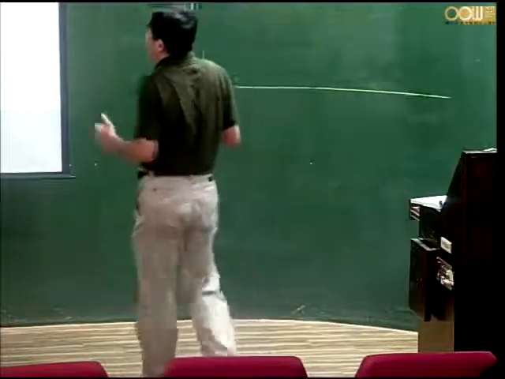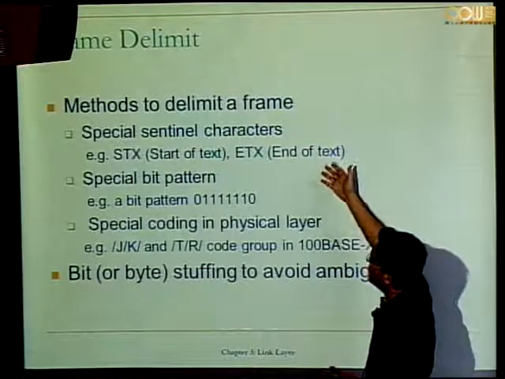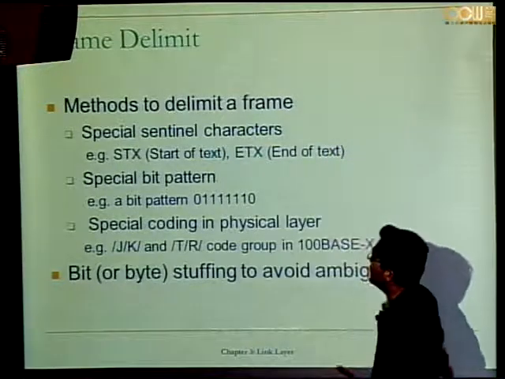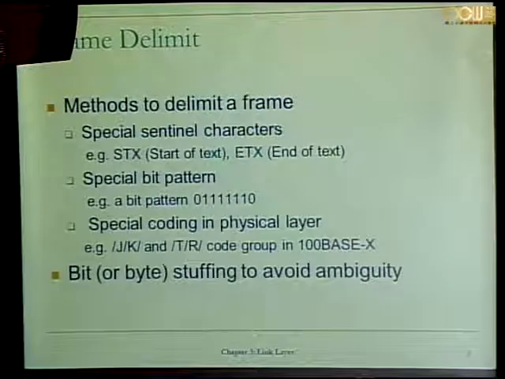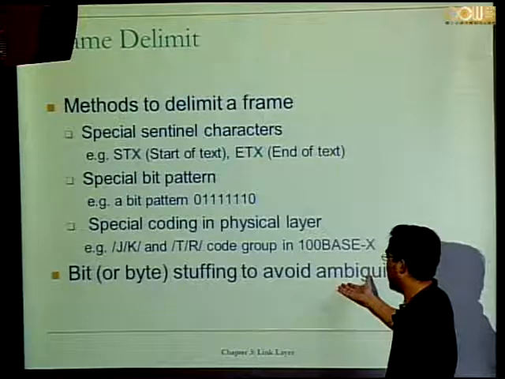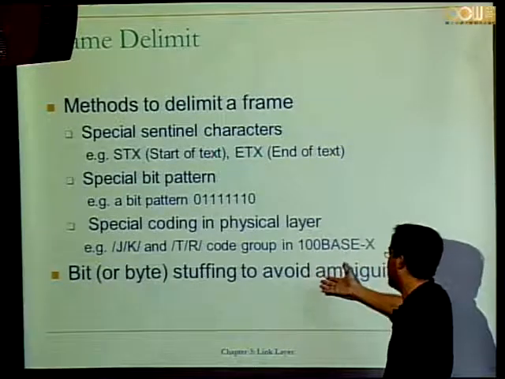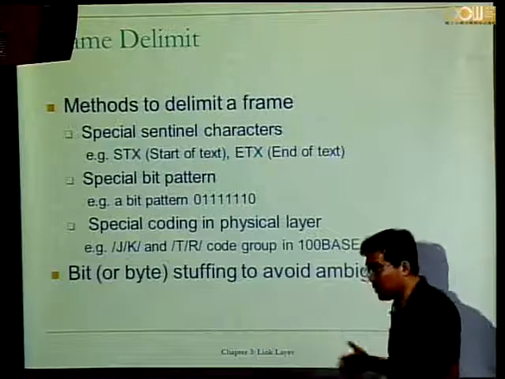Other than that, you would have a special character or special bit pattern to signal the start and end of the frame. If you do that, you would need bit stuffing or byte stuffing to avoid ambiguity.